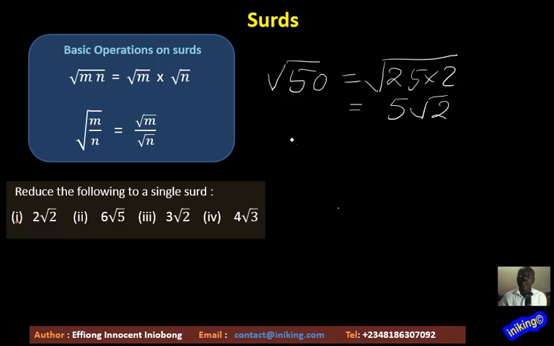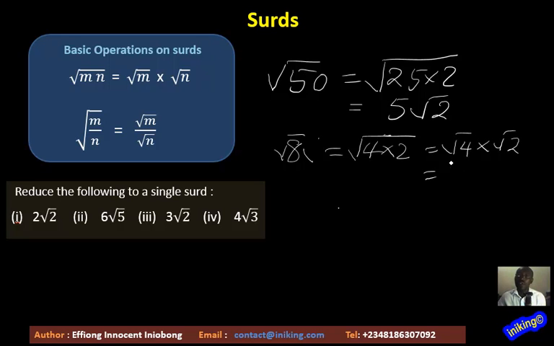Also, if I have something like root of 8, this will give us the root of 4 times 2, and that will be the root of 4 times the root of 2. The root of 4 is 2, so that will give us 2 root 2.